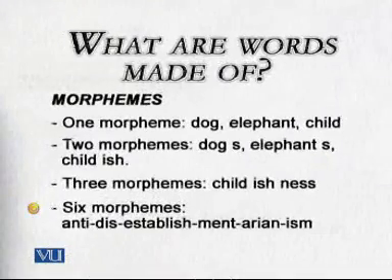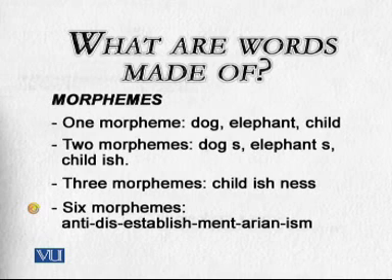So words can be composed of one morpheme, two morphemes, three morphemes, and in the English language, 6 is about it. I mean, we can have words composed of a maximum of 6 morphemes. I'm not saying that's the finality. What I'm trying to say is, the way sentences should be of some controlled length, and paragraphs should be of some controlled length, exactly the same way, words should also be of some controlled length.